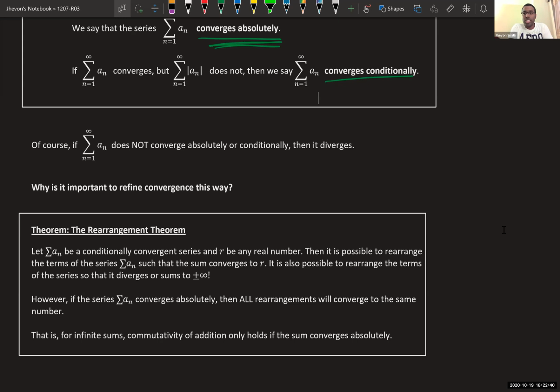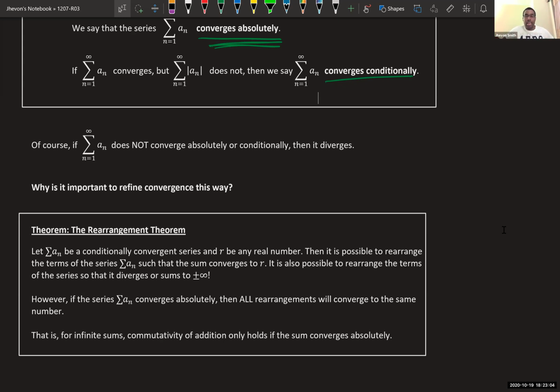So here's what the rearrangement theorem says, and this is why the two types of convergence are actually very important to distinguish. Let the sum of a_n be a series, and suppose it's conditionally convergent, and let R be any real number. Pick your favorite real number: pi, e, a half, 0.732, doesn't matter. R is any real number.